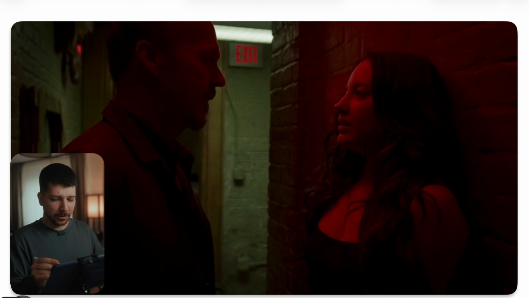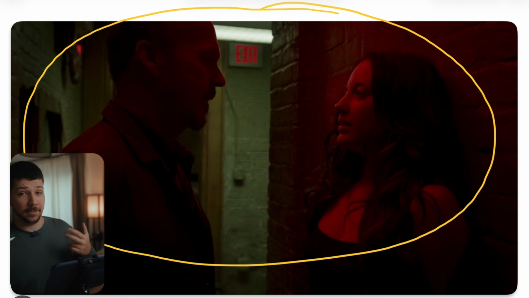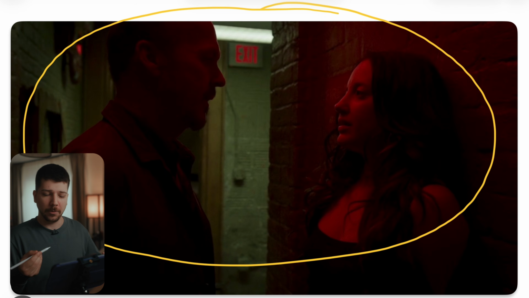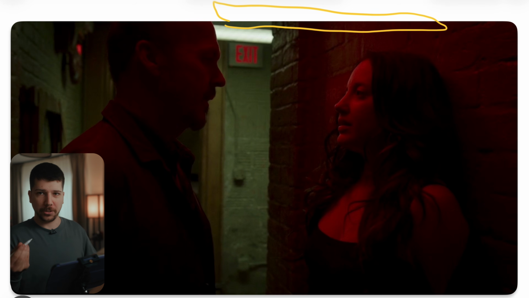What they also did very often here is they don't light for lighting, they light for emotion. What I mean by that is this scenery should feel tense. This is the reason they search for a location where there is naturally a red light. Always search for these light motivations, because here you have clearly this exit sign, so the audience knows, okay, here it is possible to have a red light.